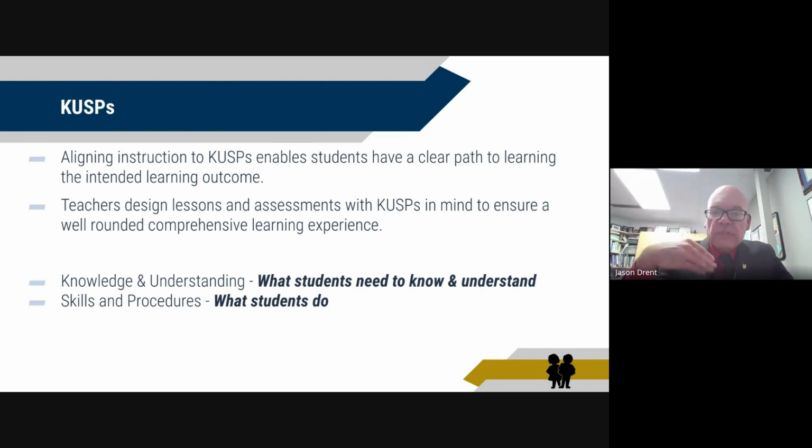But when you leave this meeting, what we're hoping you remember are the two pieces: the knowledge and understandings that you see in your gradebook frame what the students need to know and understand, and the skills and processes are what students will do.